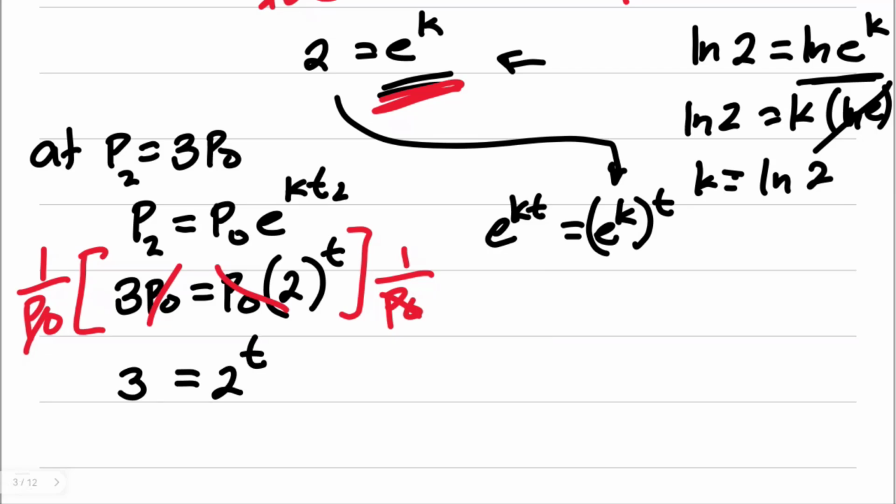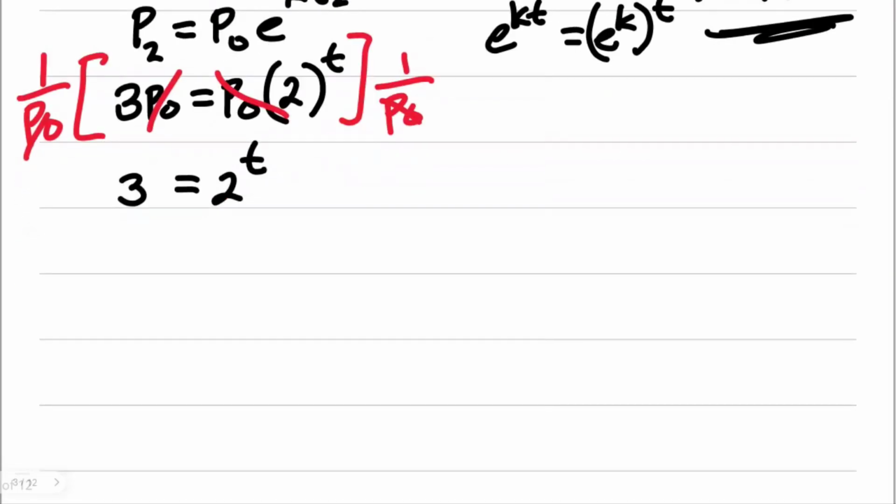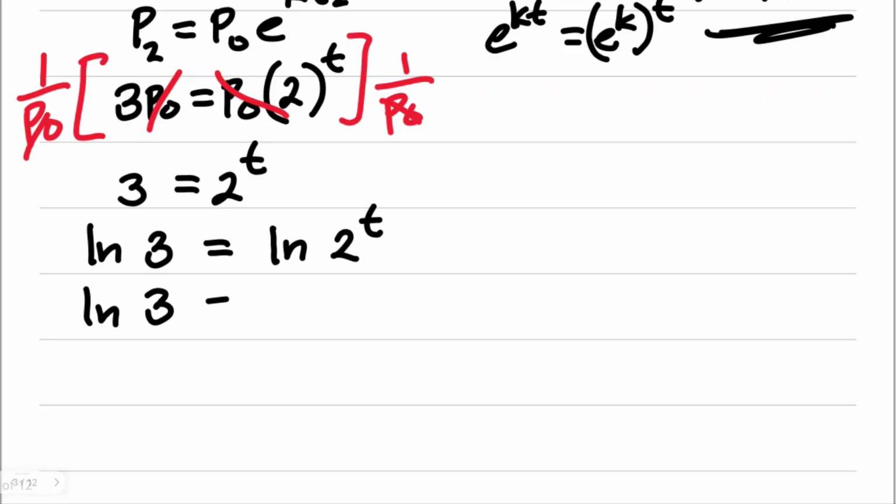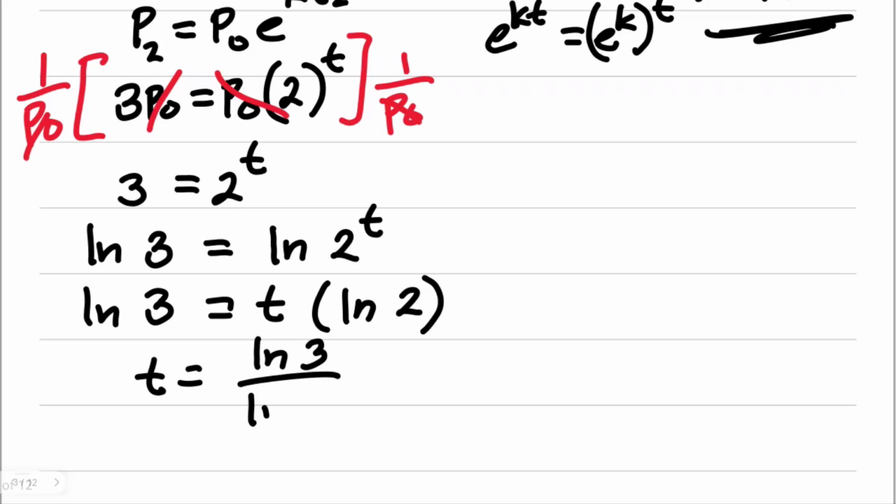I'm going to take the natural logarithm of 3 is equal to the natural logarithm of 2 raised to t. Again, using the laws of logarithm, you will have t times the natural logarithm of 2. That would mean your t is the natural logarithm of 3 over the natural logarithm of 2.